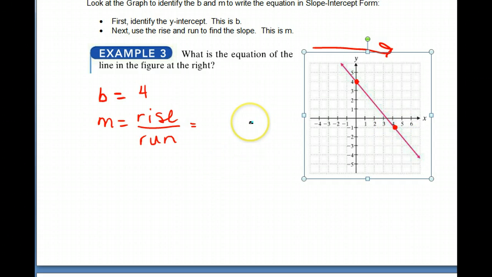So what we want to do next is count the rise and run. We're simply going to see how many grid lines, how many units did we have to move down. That's going to represent our rise. And since our line is slanting downward and we're falling instead of rising, that tells us that our slope is negative.